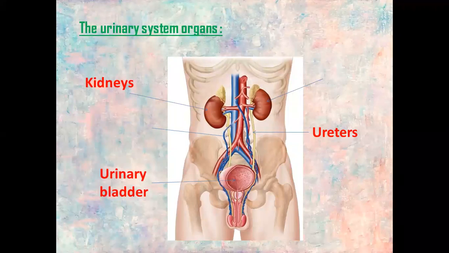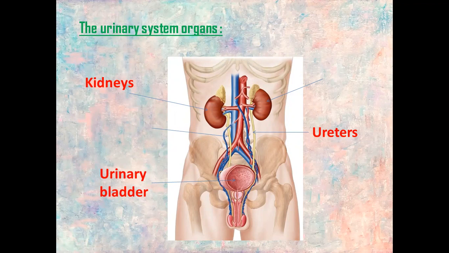Now we will talk about the job or the function of each organ. First, the two kidneys. What is the job of the two kidneys? The two kidneys filter the blood.